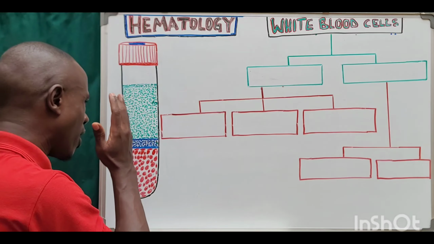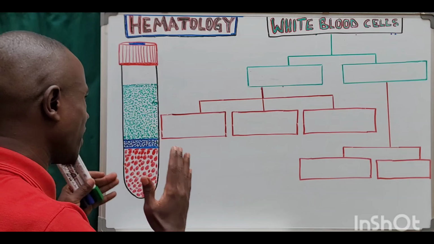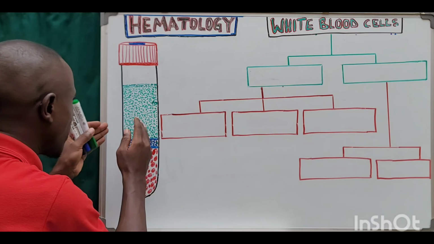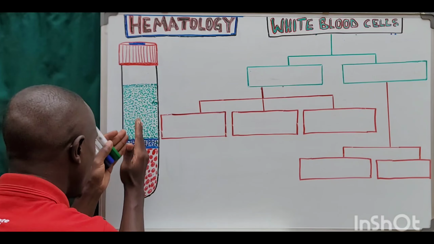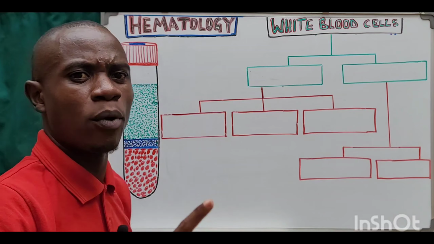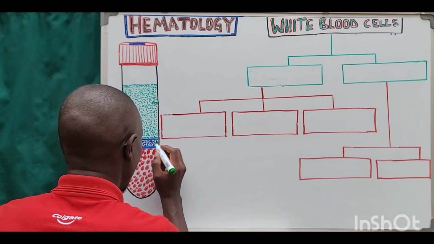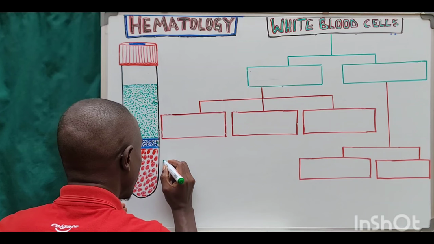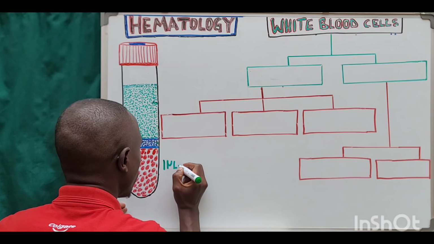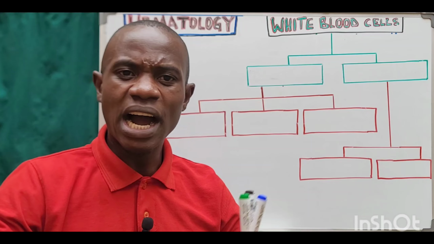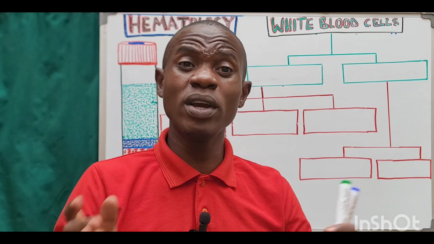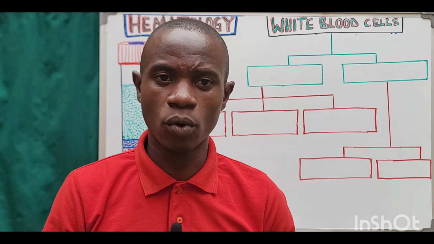So first we are starting off with the basic concept. I want you to pretend for a minute that the whole of this blood here is, for example, 1 microliter. Now the question is, how many white blood cells are we supposed to find in 1 microliter of blood?